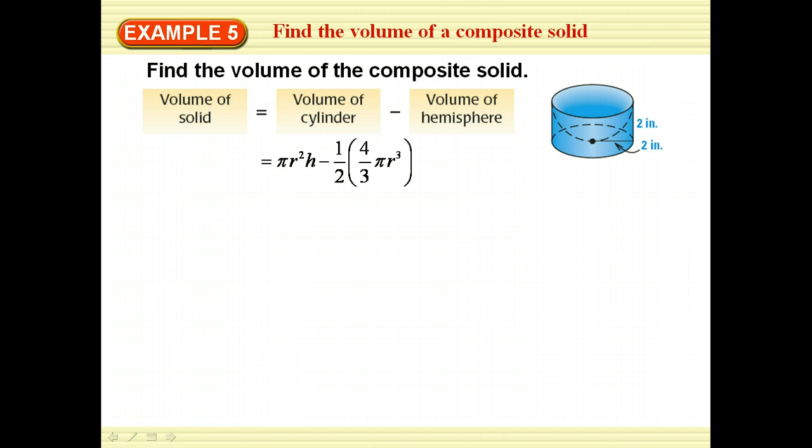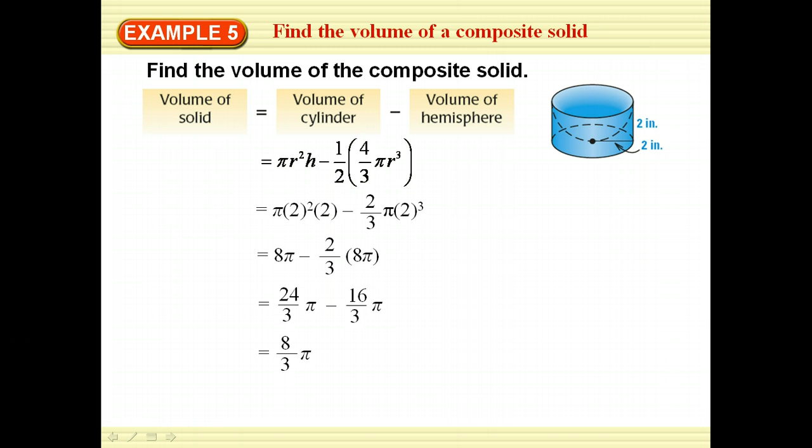So what we do, volume of a cylinder, we know is pi r squared h minus, and since this is a hemisphere, we only need half of the sphere, half of 4/3 pi r cubed. So this is just a matter of plugging in. Since we know our radius and we know our height, they're both 2 inches, so we plug in and solve the equation.